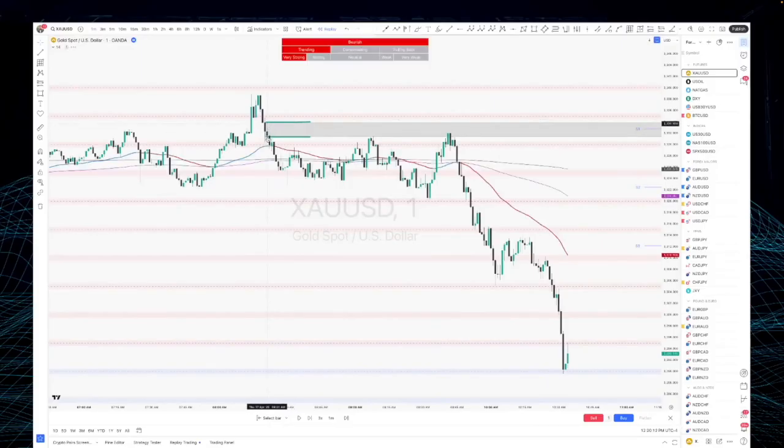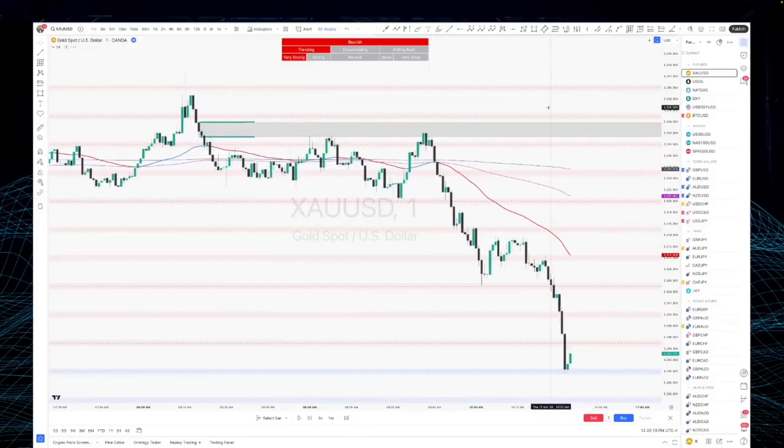Manually mark up that entry box, jump down to a lower time frame, and see if you get a lower time frame reaction from that entry box.